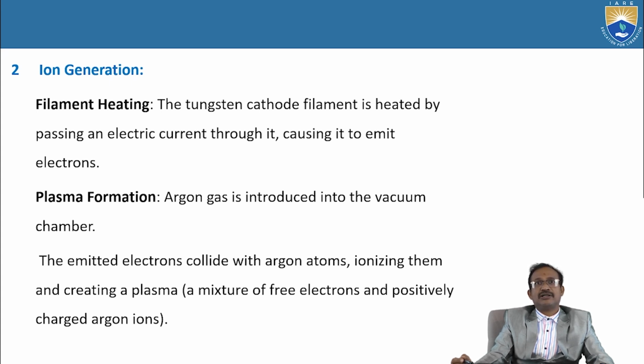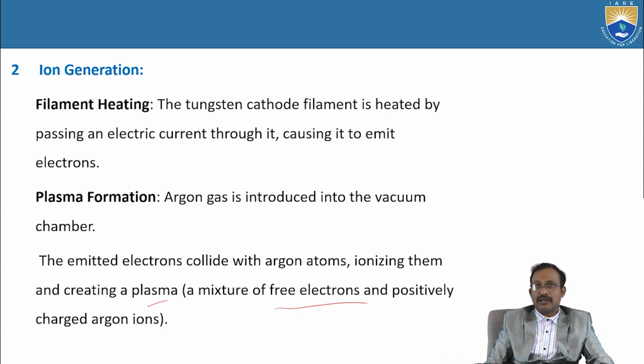The emitted electrons collide with argon atoms, ionizing them and creating a plasma, that is a mixture of free electrons and positively charged argon ions. This mixture will play a key role in colliding with the workpiece material.